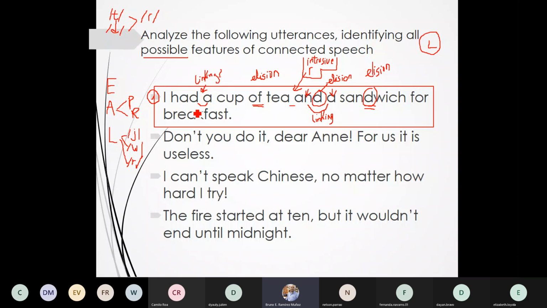If it's a consonant sound, and the following word is or contains a vowel sound at the beginning, there's a very high probability you're going to link those two sounds. For example, cup, p, consonant sound, of, vowel sound. So there's a high probability that you would say cup of tea, right? Cup of tea.